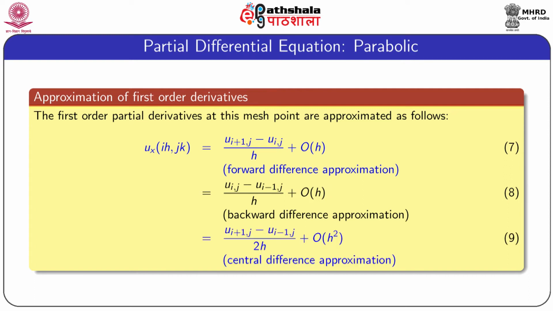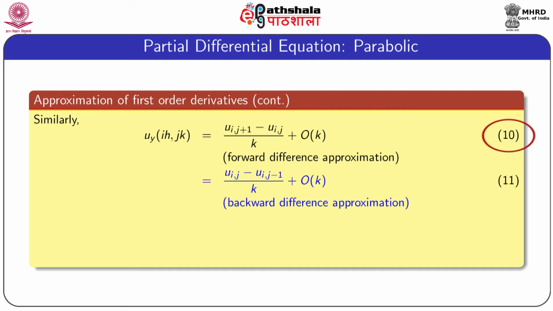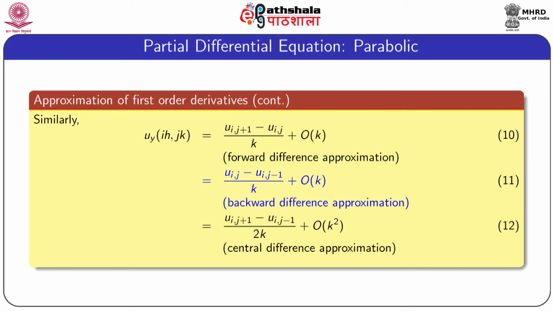This is the third representation, that means the last representation is nothing but the central difference approximation of del u del x. In this approximation, the order of the error term is h square. Similarly, del u del y can be approximated with the help of the forward difference approximation, represented by equation 10. This is the backward difference approximation and this is the central difference approximation.